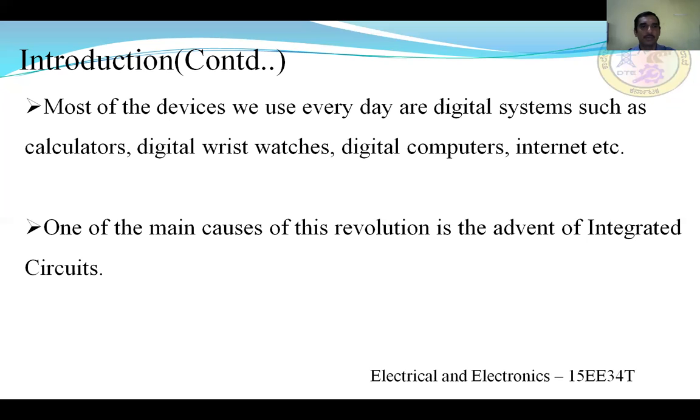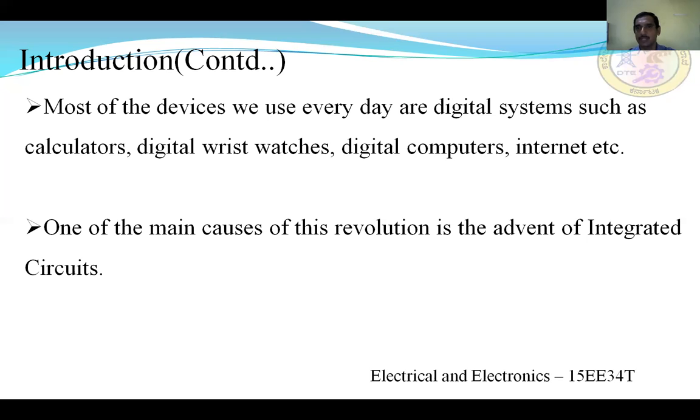One of the main causes of this revolution is the advent of integrated circuits. So why has digital electronics been so revolutionized? It is because of integrated circuits, that is ICs.